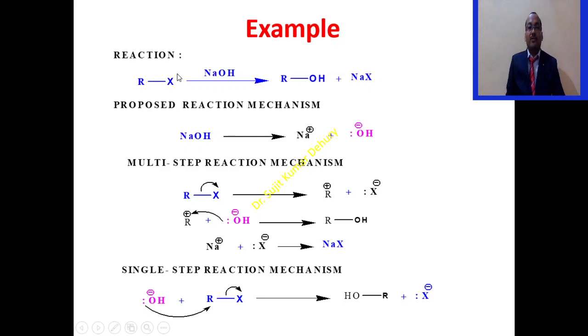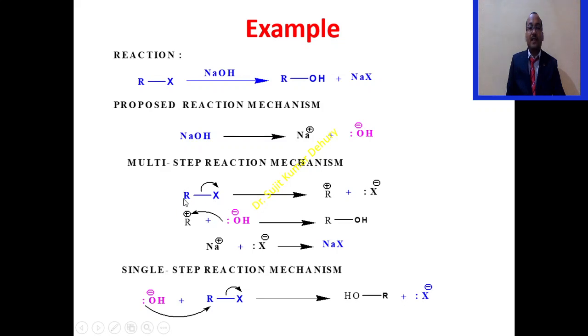Now let us take one example. RX, the reactant, will react with the reagent sodium hydroxide to give rise to the product ROH, alcohol, plus NaX. This is the proposed reaction mechanism. NaOH is an ionic compound, so it gives rise to Na plus ion and OH minus ion with a pair of electrons. A multi-step reaction mechanism consists of different elementary steps.